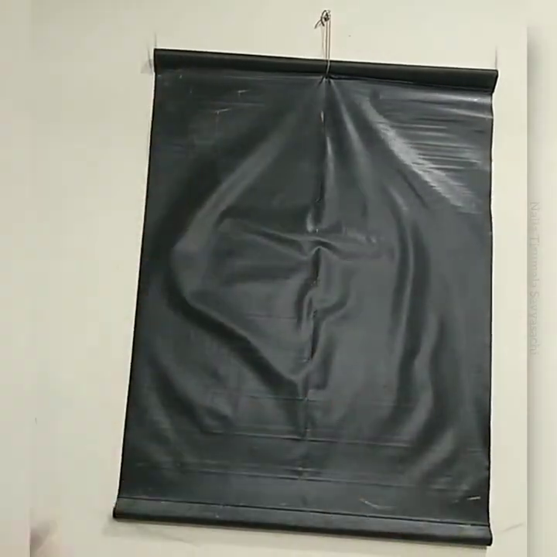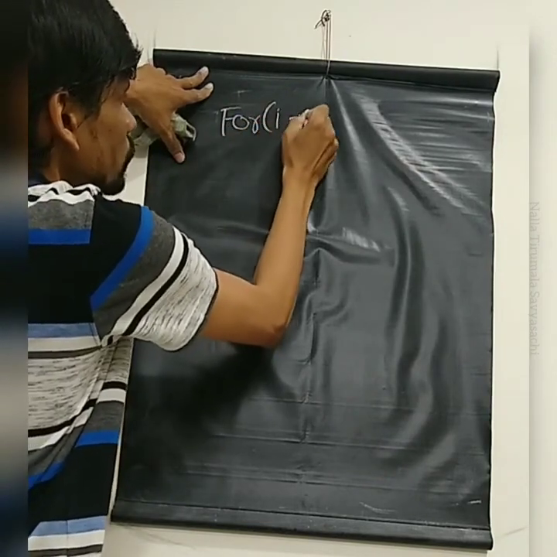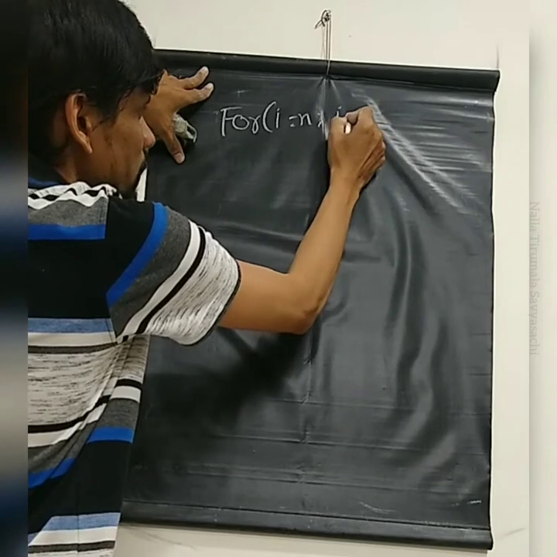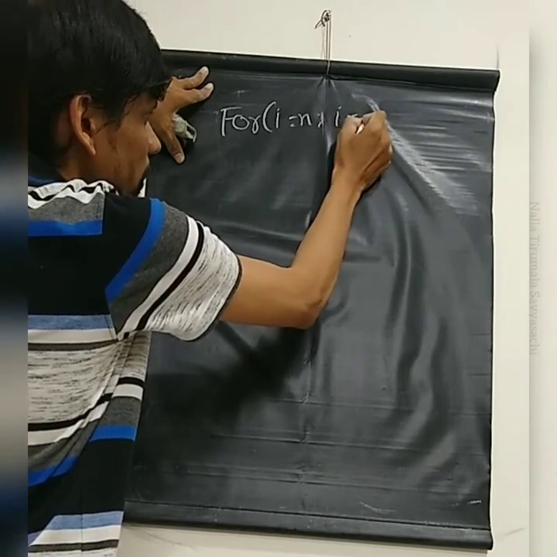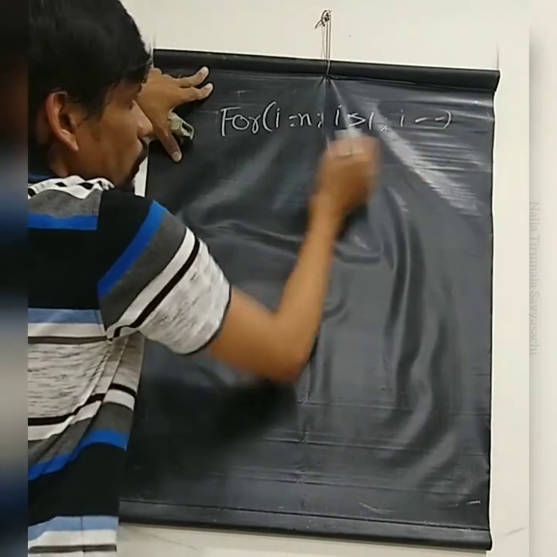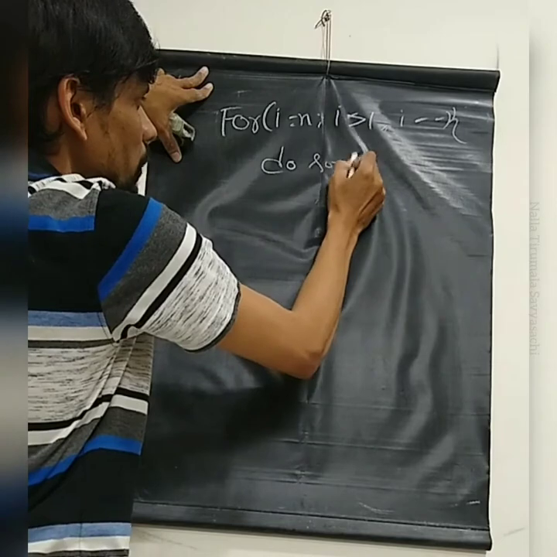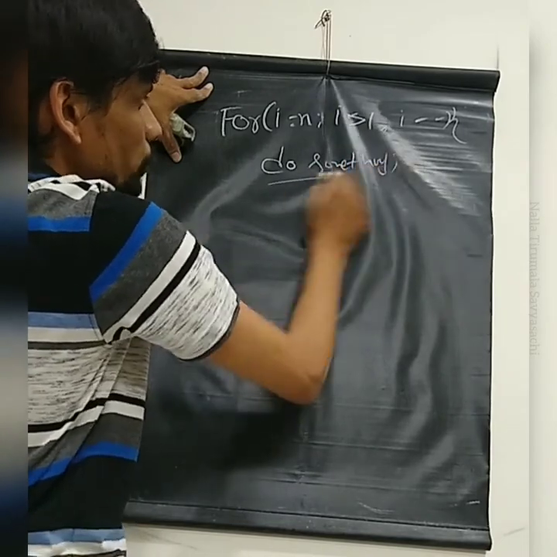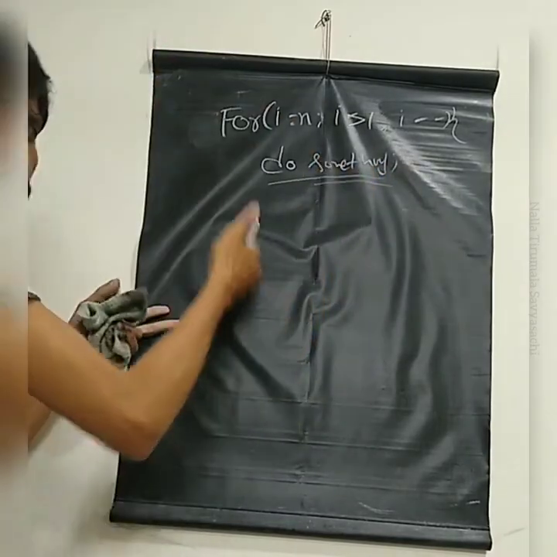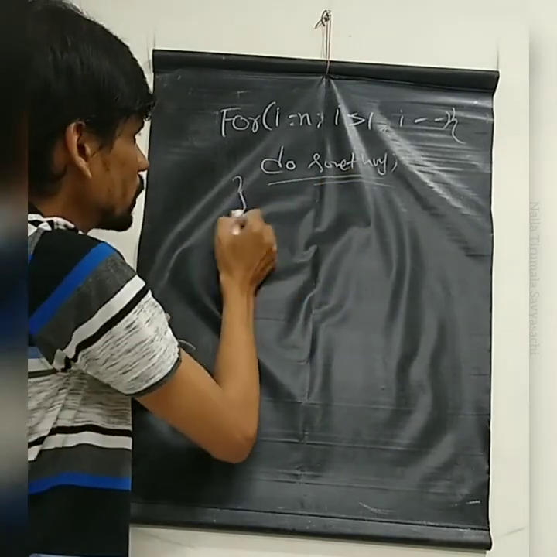We will take another for loop. For example, same as this for loop, we will have i equals n, i is greater than 1, okay, i minus minus, do something. Do something means a set of statements that execute in constant time.